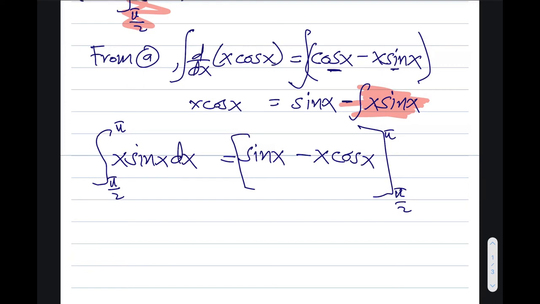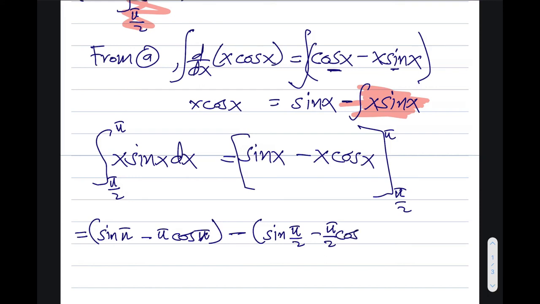Okay, so what do we do? Well, we have sine pi minus pi cos pi, then minus the sine of pi on 2 minus pi on 2 cos pi on 2.